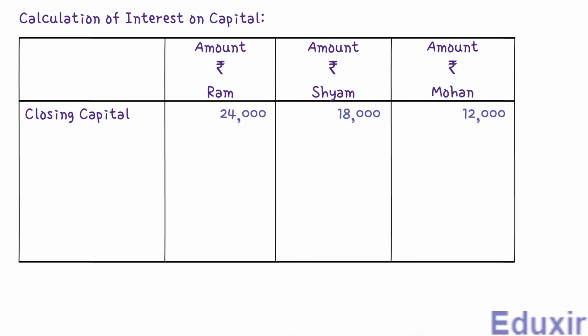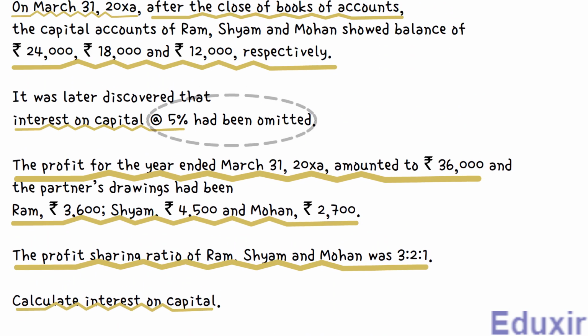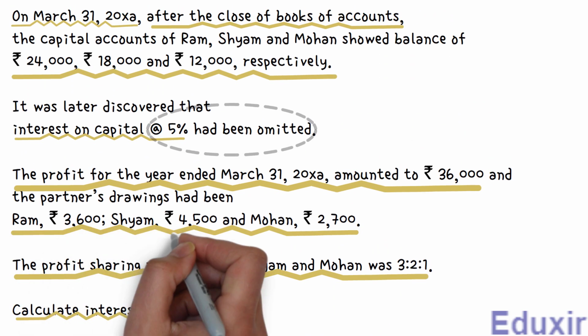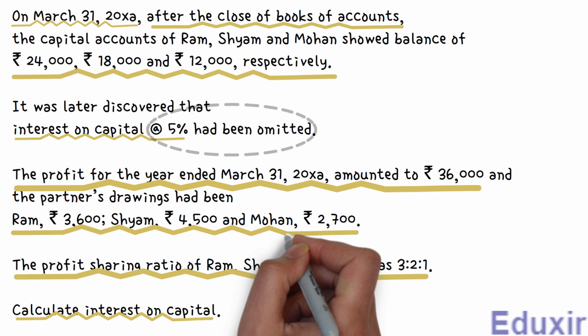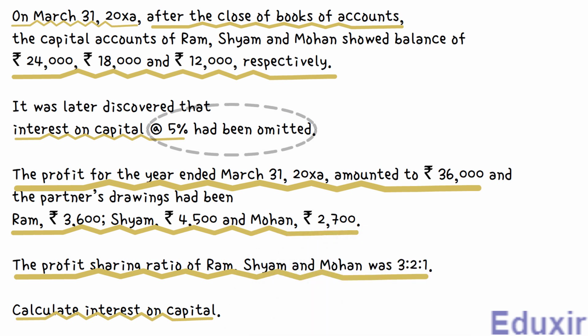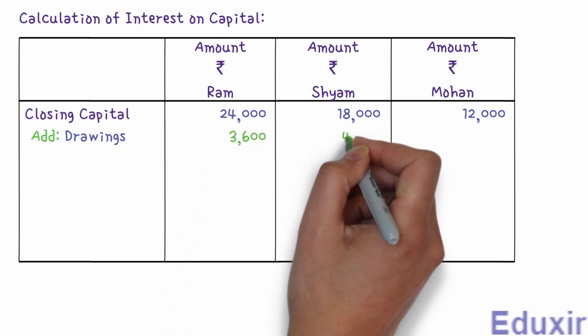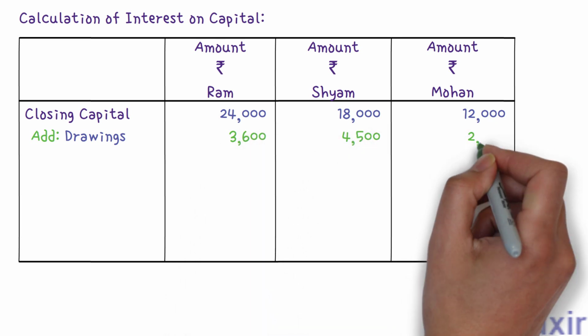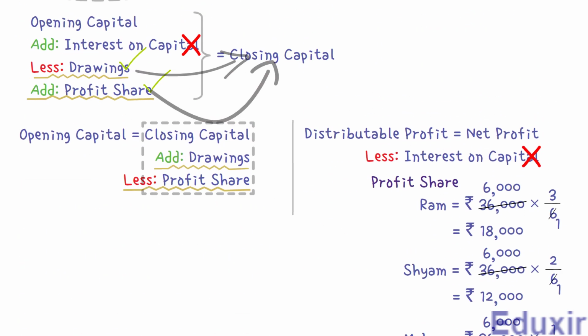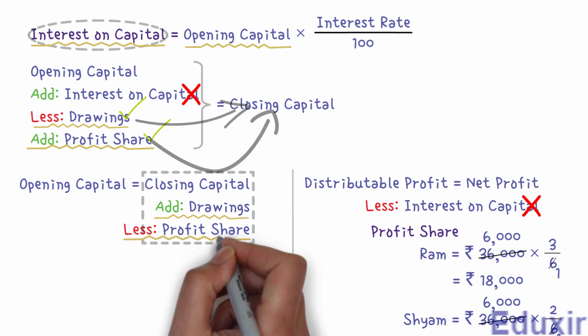To this, let us add the drawings made by each partner. Just to remind you, the drawings made by each partner are given as 3,600 rupees, 4,500 rupees, and 2,700 rupees. Let's write this in our table. 3,600 rupees, 4,500 rupees, 2,700 rupees. Now, as per the formula, we have to lessen the profit share.